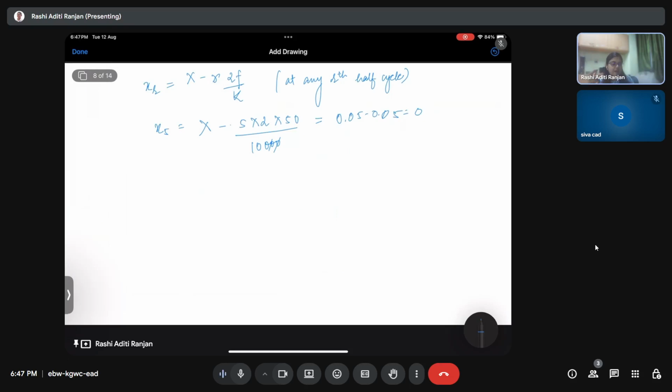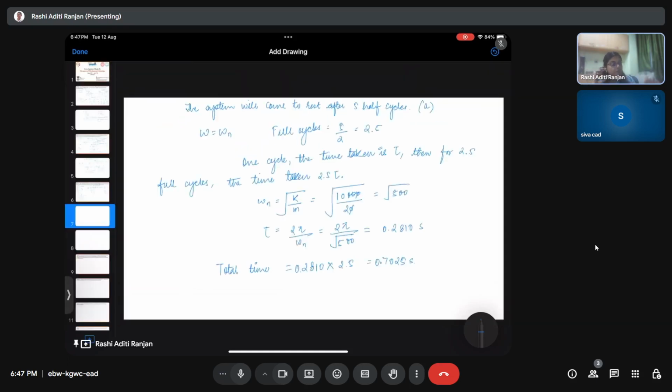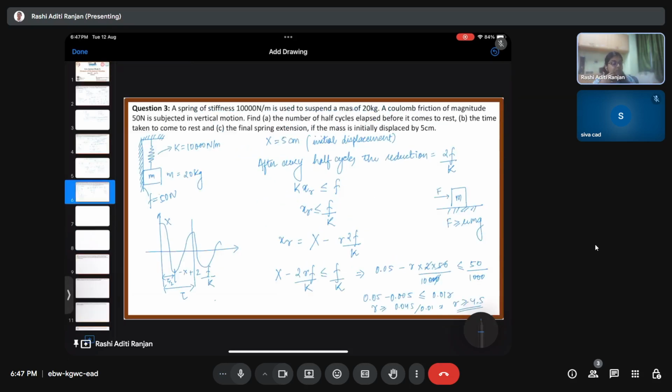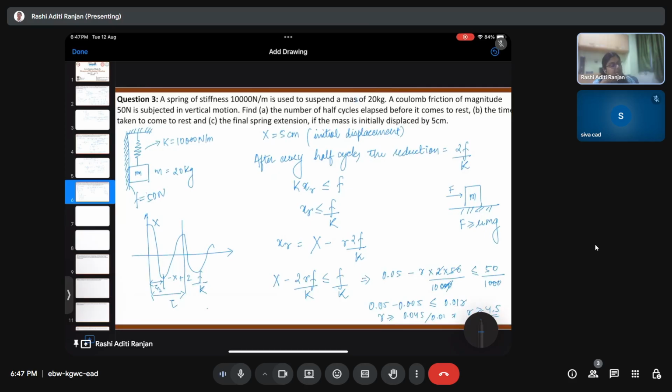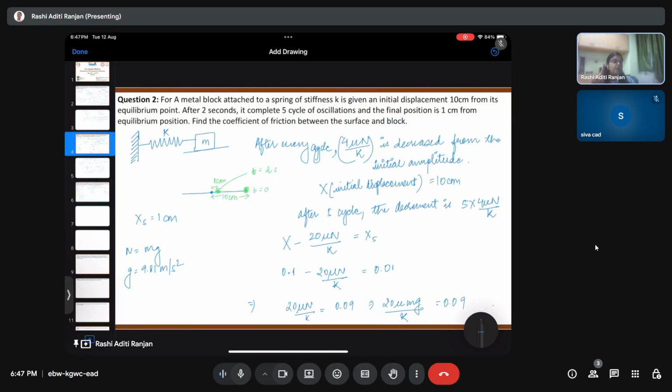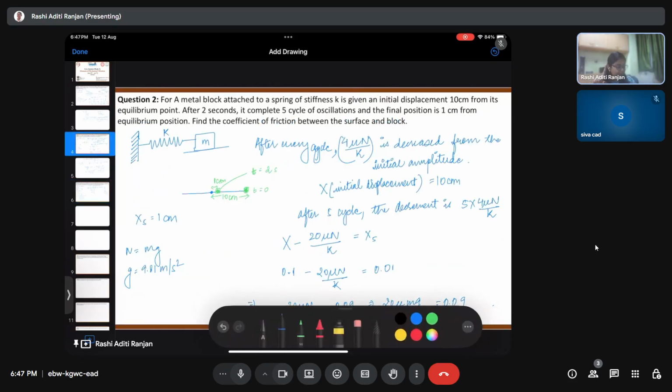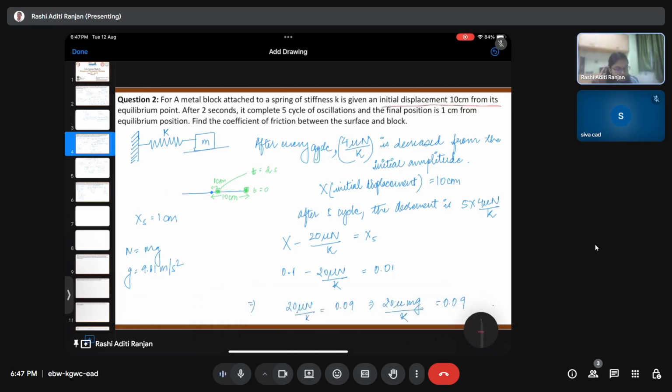But is it the final value that we have to report? Because if we look at the question very clearly, it is asking about the final spring extension. First thing, in question number 2, it was specifically mentioned. See, look over here. Initial displacement of 10 centimeter from its equilibrium point.